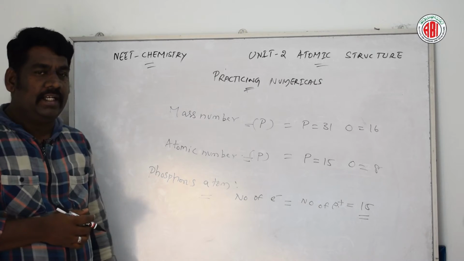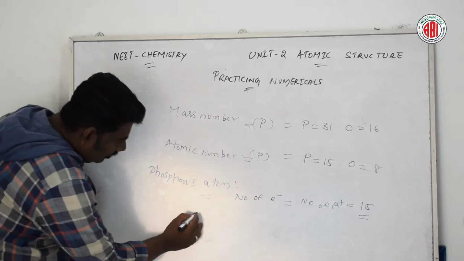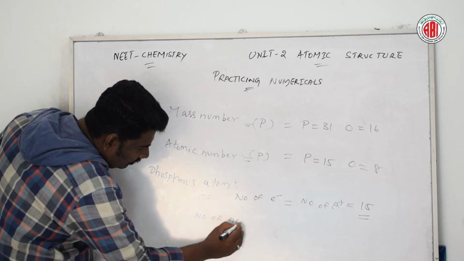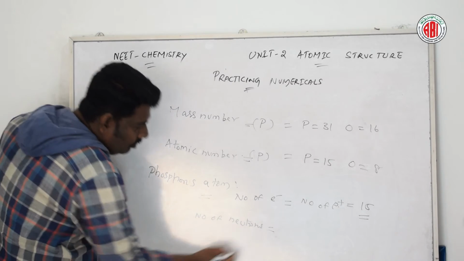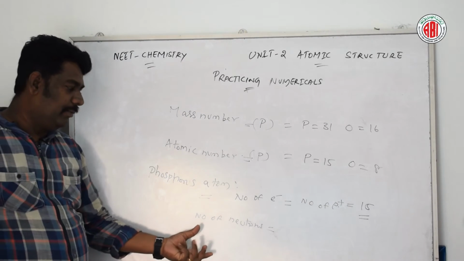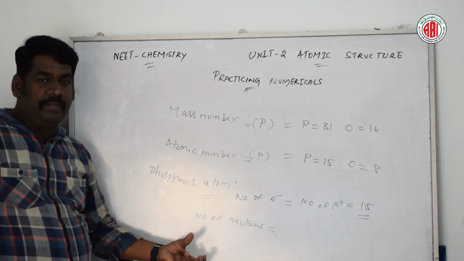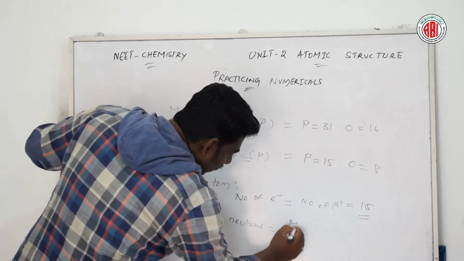Now let us find the number of neutrons. To find the number of neutrons, we subtract the atomic number from the mass number.